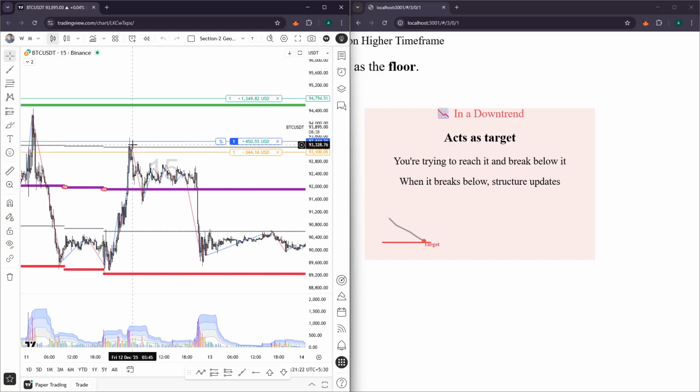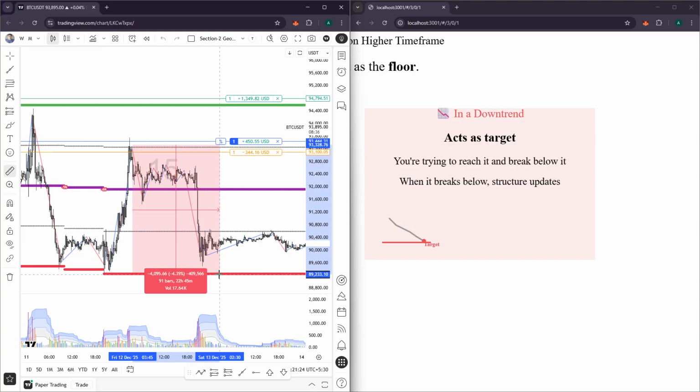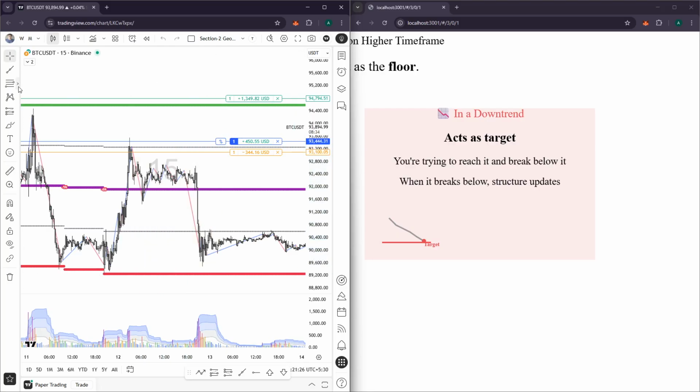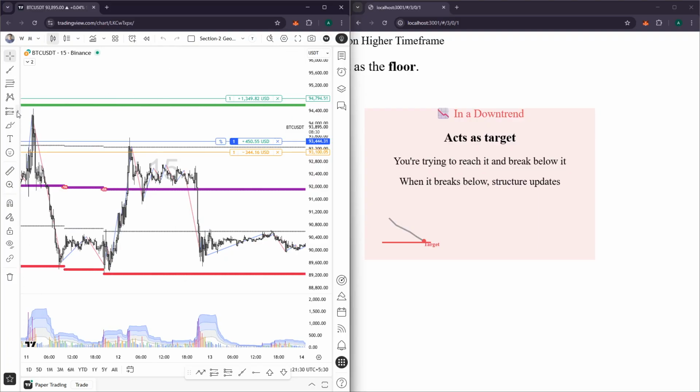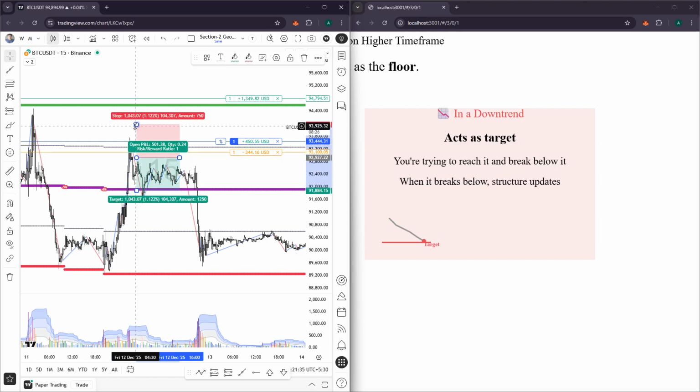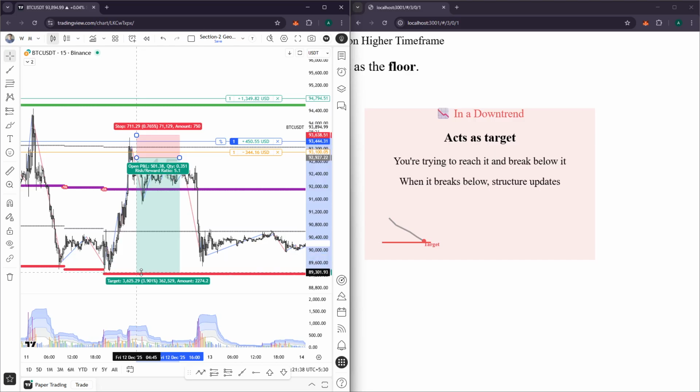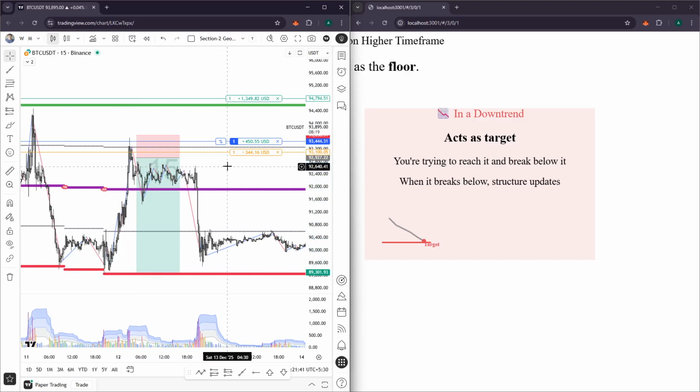If you had entered short there, your profit target would be this. Okay, and you can measure it like this. So if you had entered short there, stop loss there, take profit here, this was easily a 1:5 trade.